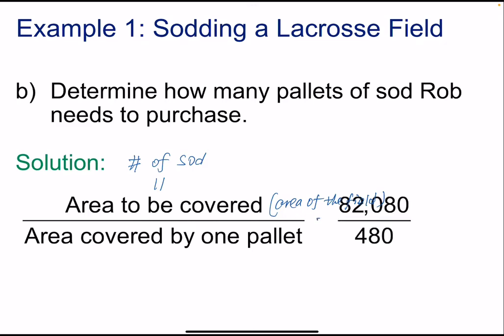So earlier we calculated the area of the field is 82,080, and each pallet covers 480 square feet. So this division should give you the number of pallets, 171.